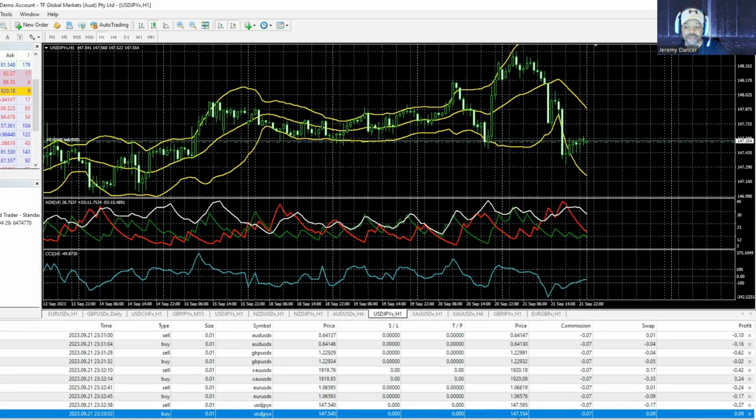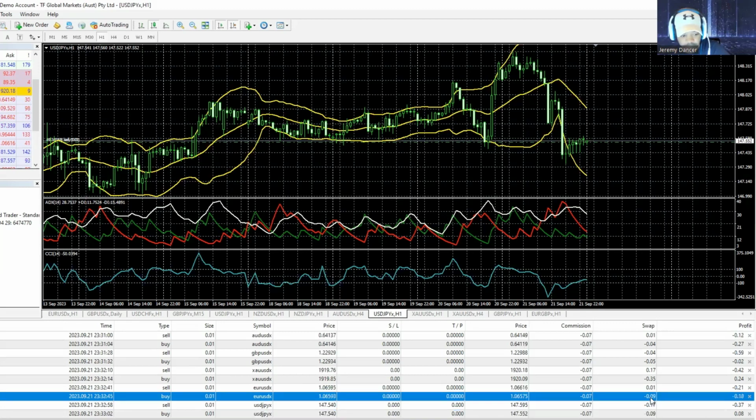So we now have 3 strong trades. The Euro US dollar and the British pound US dollar are looking pretty tight. When you only have like a 0.01 swap, it's just tight. So this is going to be similar to the Australian US dollar, but you can see the difference here though.